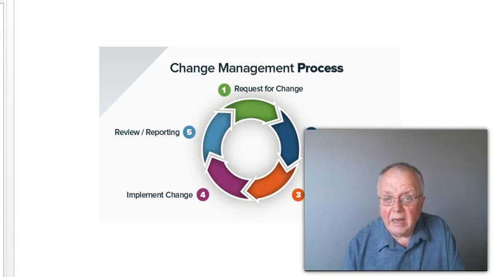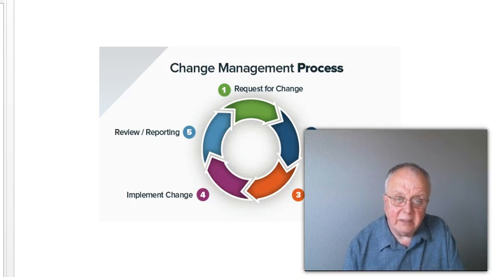There has to be something done to make a difference. Then we do an impact analysis. How is this going to impact our company, our product, our employees? We either approve it or deny it, which moves us forward. We implement the change, and then we review and report back on the successes.